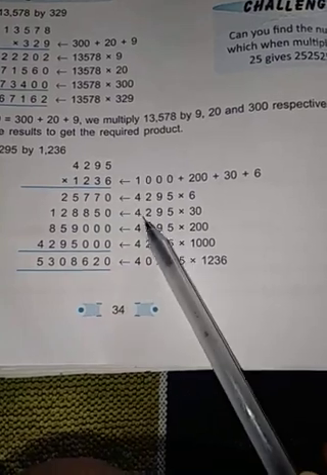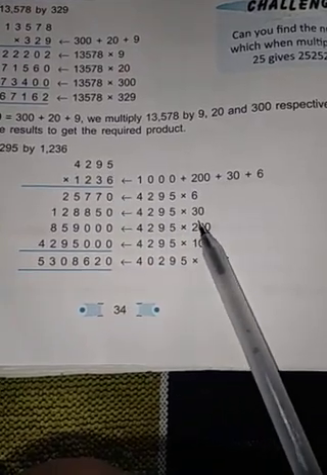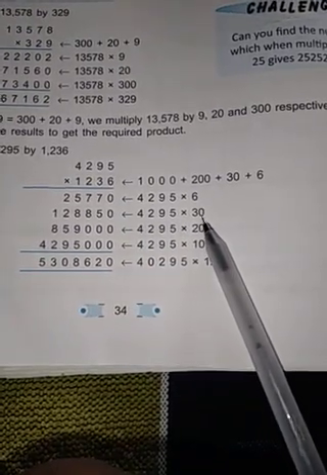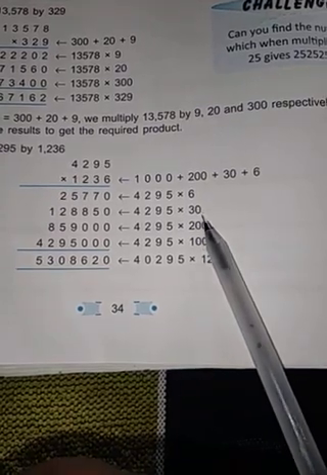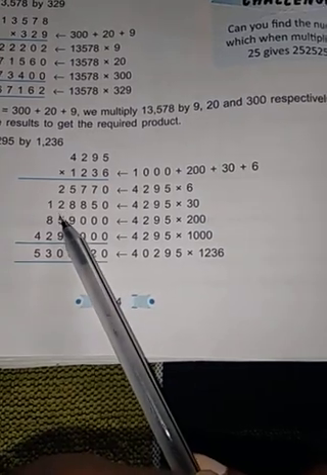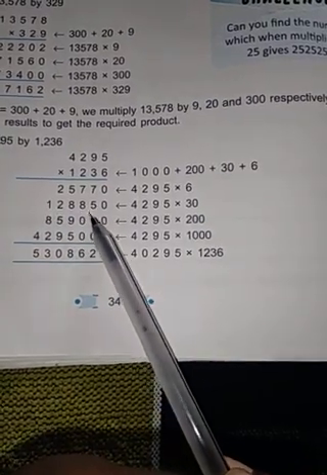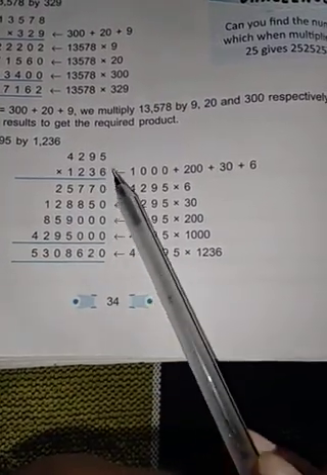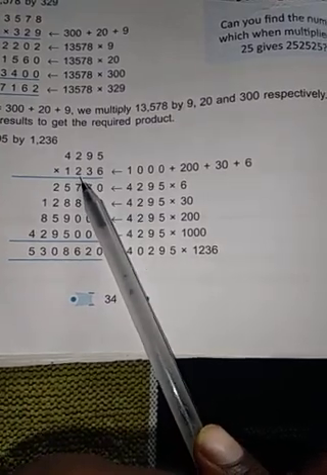So 4295 into 30. Why 30? Because 3 is in the tens place, so its place value is 30. 30 into 4295 gives 1,28,850.